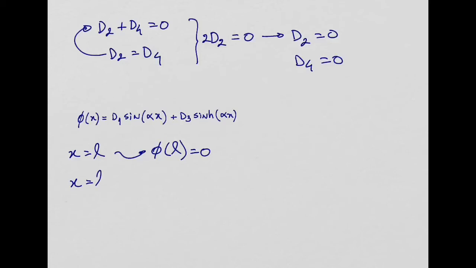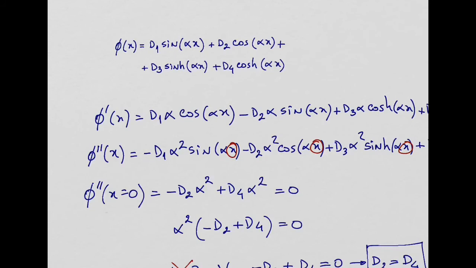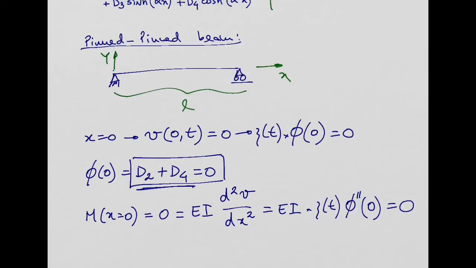And I will also have, for x equal to L, my second boundary condition, which is the second derivative, related with the moment. Yeah, it comes from here. Look at this. The moment involves the second derivative of my function phi.